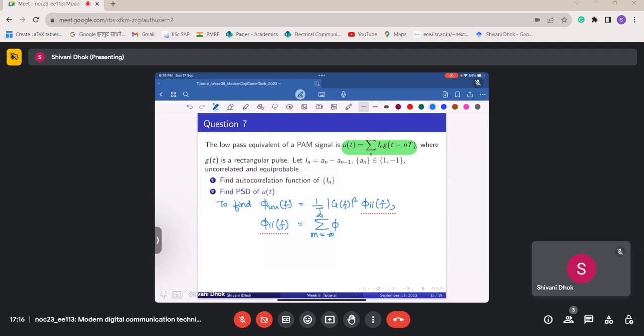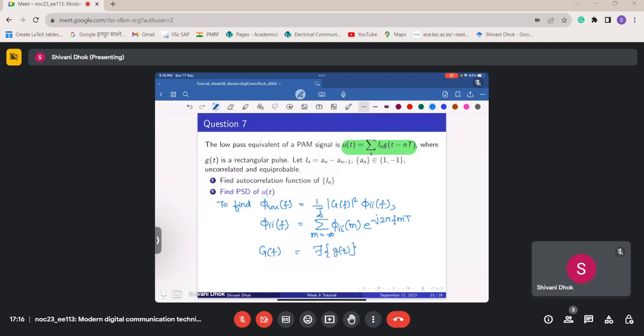So this is simply a Fourier series of phi_I(m) e^(-j2πfmT), and G(f) is equal to the Fourier transform of g(t).